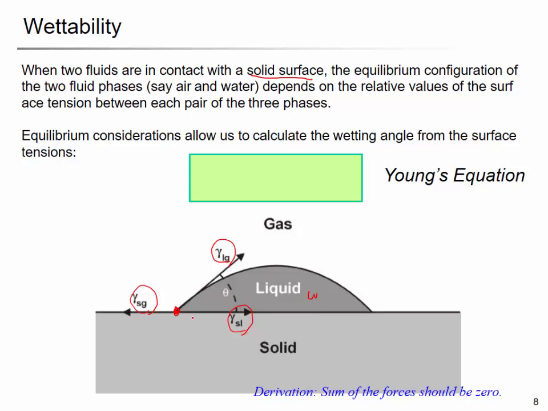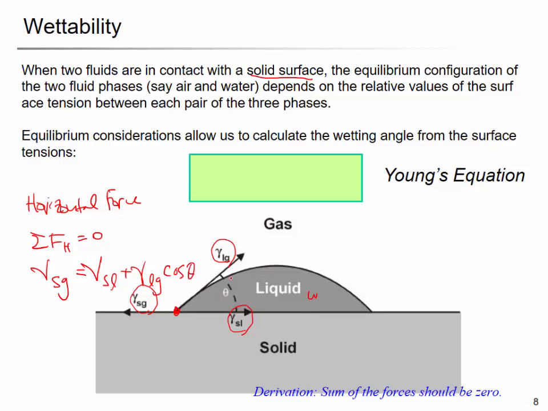Then, when we think about the horizontal force, the summation of all forces in the horizontal should be 0, right? So gamma SG should be balanced with gamma SL plus gamma LG cosine theta, right?